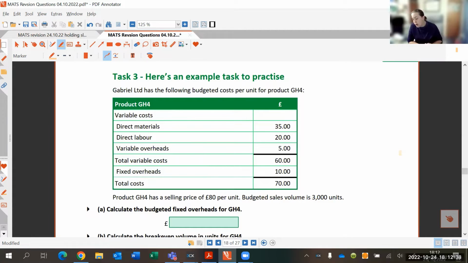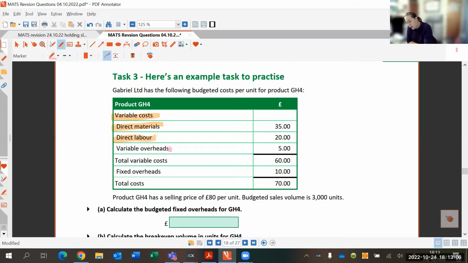So we're given a scenario company, which is Gabriel Limited in this case, and we're given the cost card of the sort of budgeted costs on our standard cost card for the product that we're calling GH4, which is very imaginatively named. So we are told we've got our variable costs here, which are made up of direct materials and direct labour, and we've got those per unit, which is really nice.